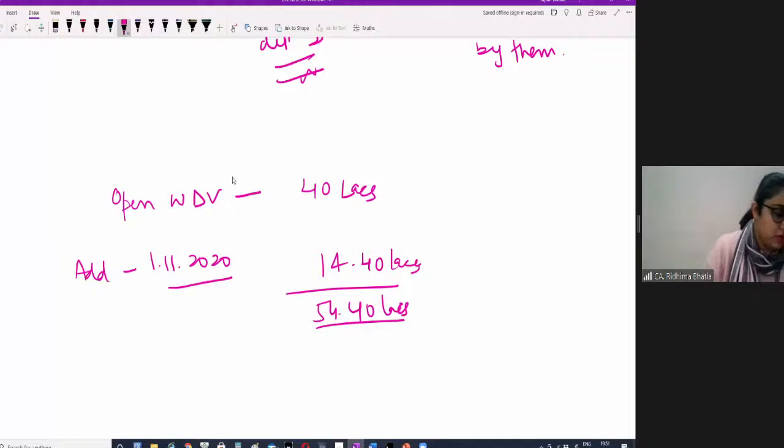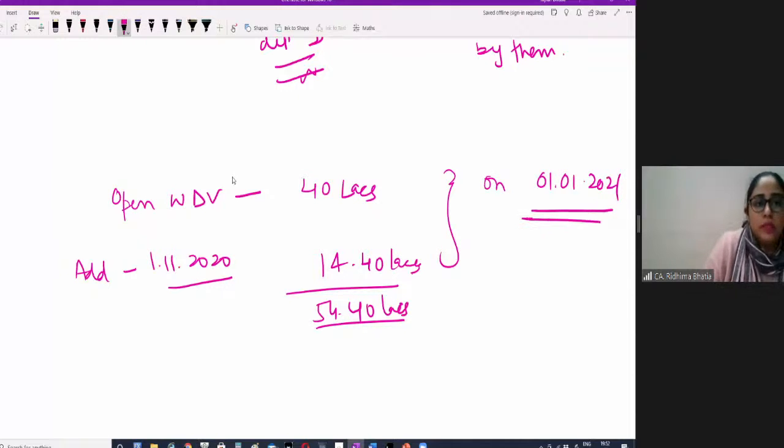We're talking about the plant and machinery block, the 15% one. But then they get amalgamated into ICAI and Shirdi Limited on 1st January 2021. Now, what is the depreciation for each of them?